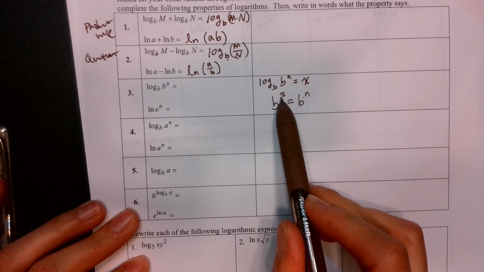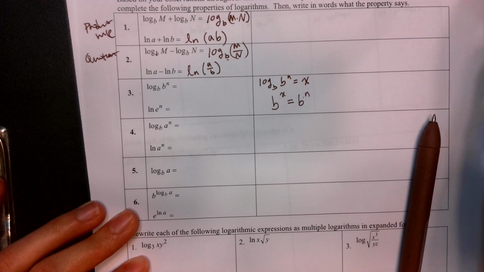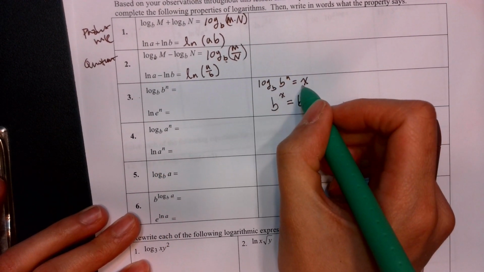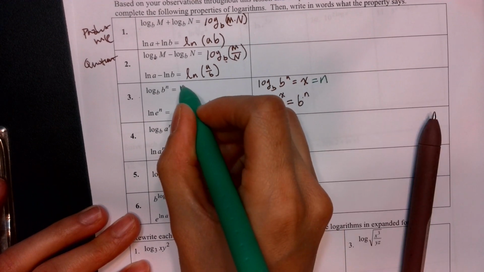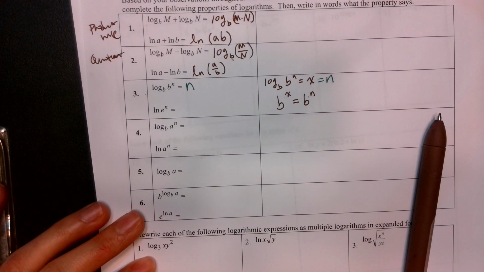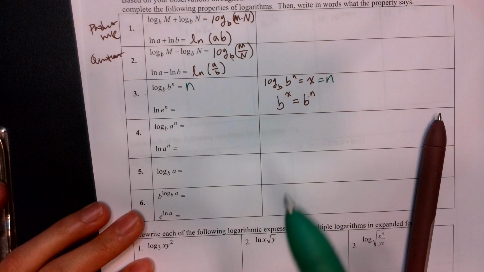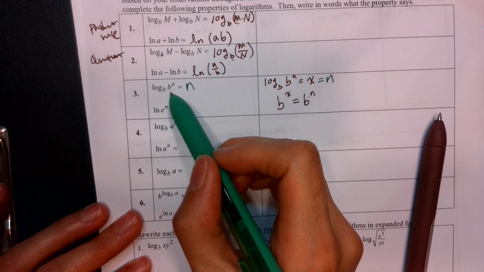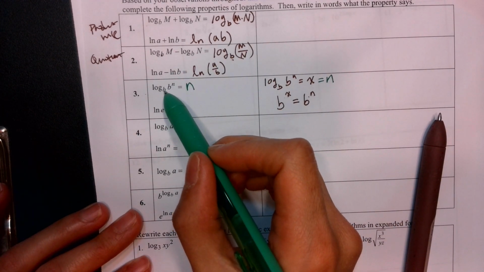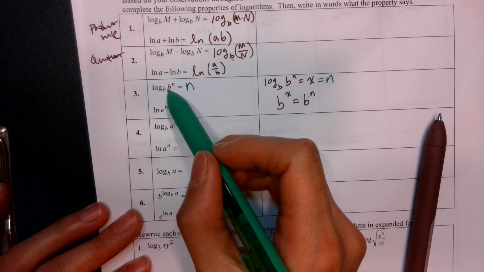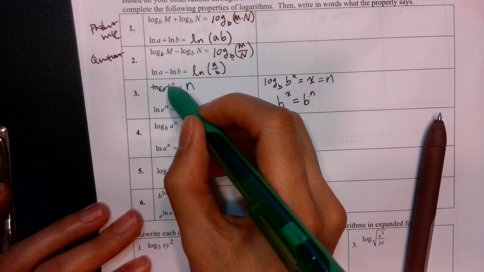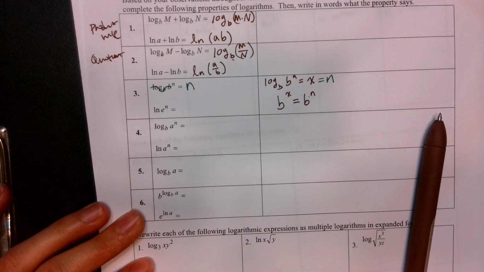So what is x equal to then? x is equal to n. That means this whole thing is equal to n. Ta-da! An easy way of remembering this is that if the base of the logarithm expression and the base of the argument are the same, you can cross it out and just be left with n.